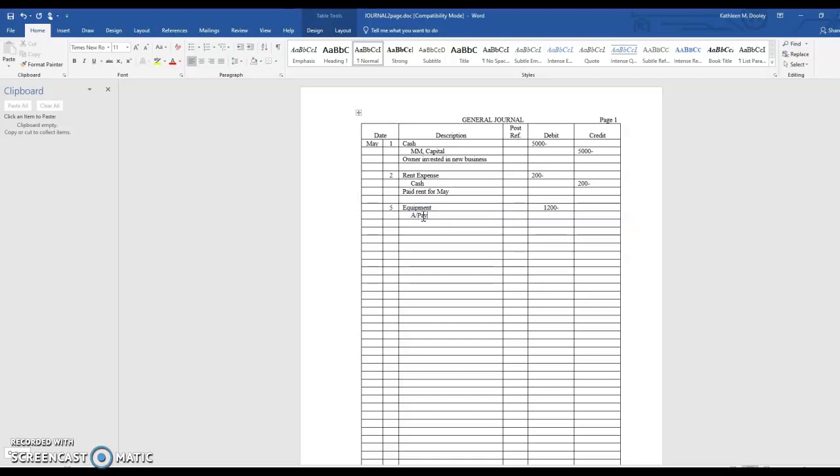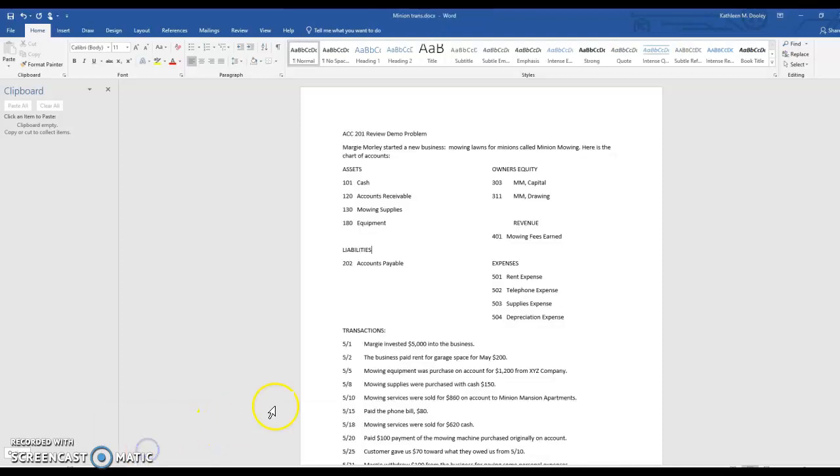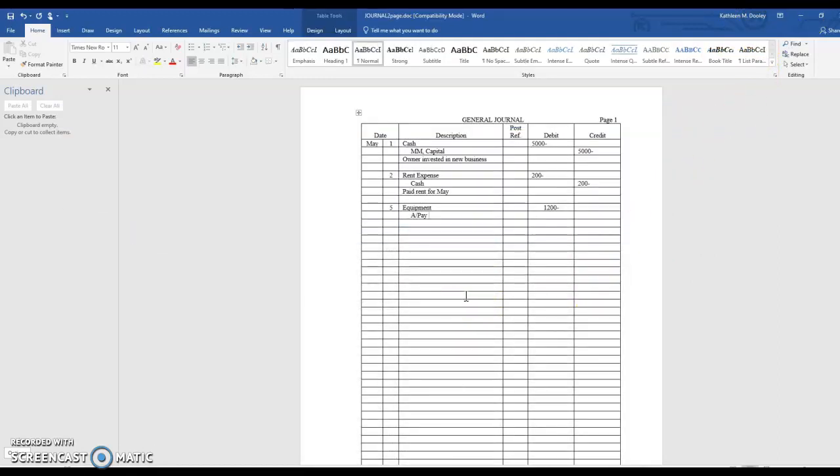Now, whenever we have accounts payable or accounts receivable, and they're being debited or credited, it doesn't matter which, if we're using that account, we also have to say who is the vendor if it's accounts payable or the customer if it's accounts receivable. So here's one of those times when I do have to look that up on my transactions. The vendor was XYZ company. So accounts payable, XYZ company.